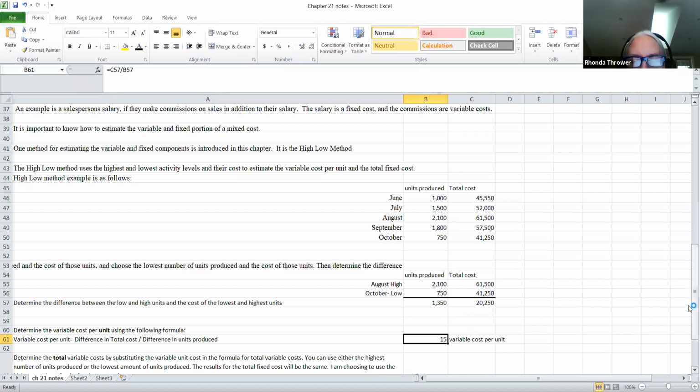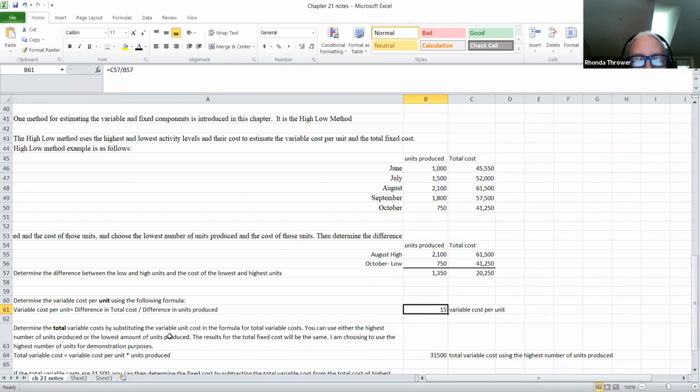Once I know the variable cost per unit, I can substitute it in the variable cost formula for total variable cost. The total variable cost is equal to the variable cost per unit, which would be 15, multiplied by the units produced.